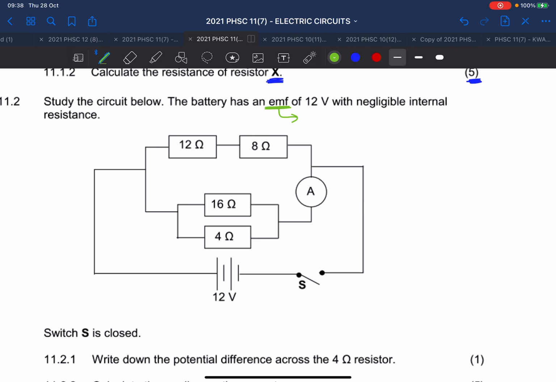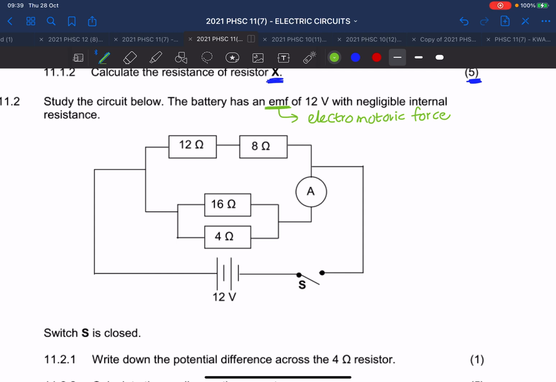When did we do it? Last year. Electronic. Electromotoric force.